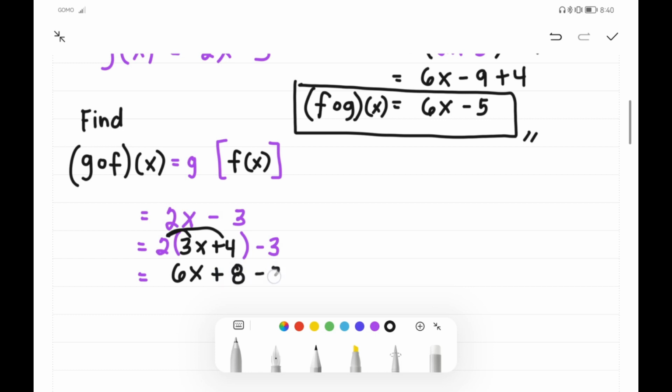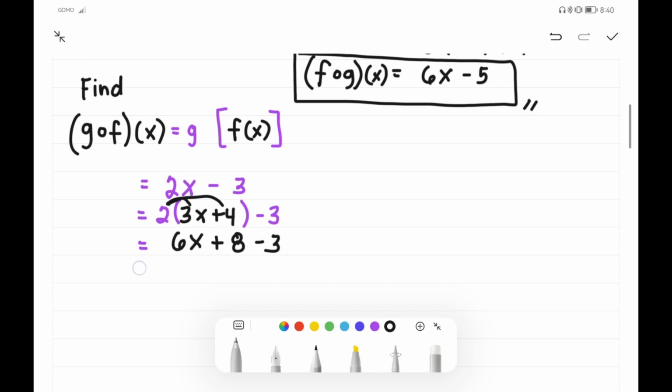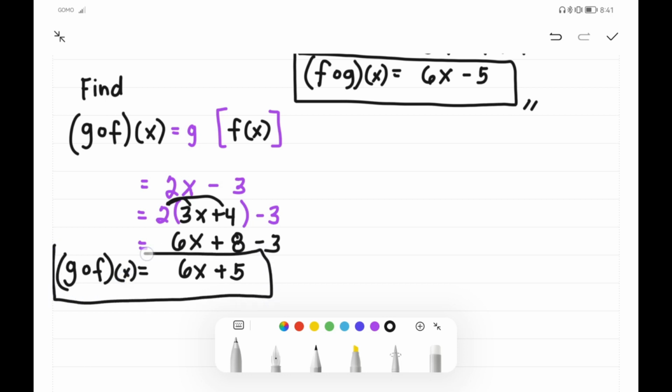Then of course minus 3. Then simplify natin, so magkakaroon tayo dito ng 6x, then plus 5. So this is now the value of g composite of f of x. Okay? Ayan.